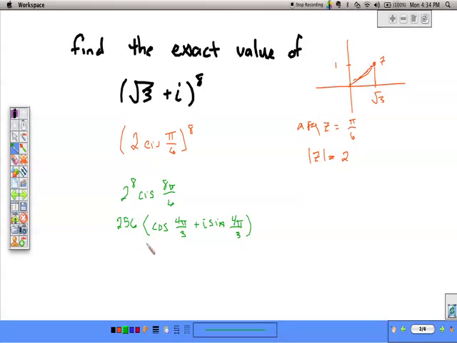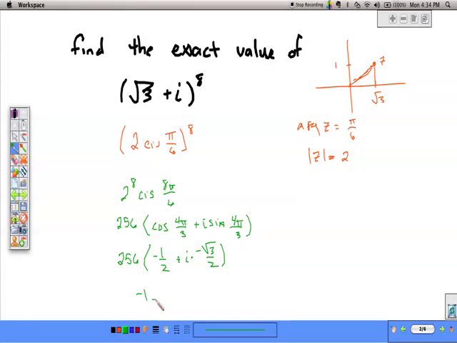Now I can actually take the sine and cosine. Cosine of 4 pi over 3 is negative 1/2. Sine of 4 pi over 3 is negative root 3 over 2. And now I can distribute.